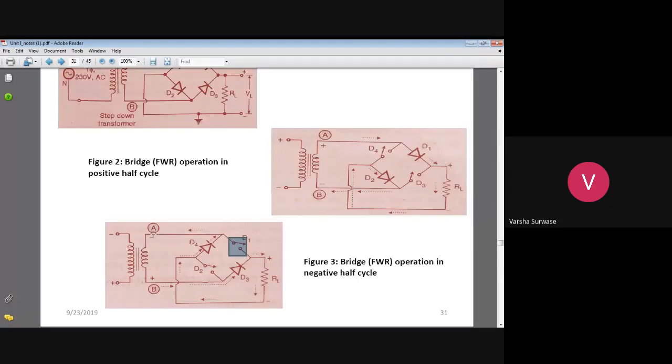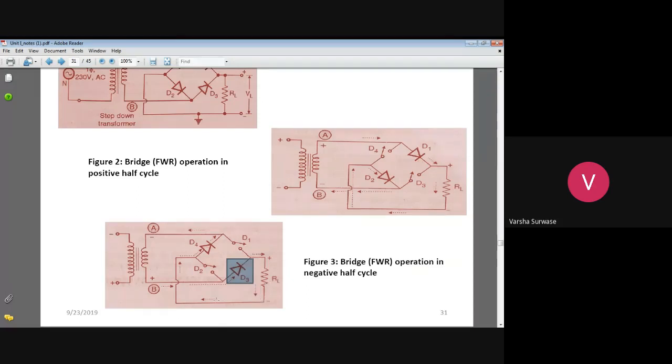And as we are applying a negative voltage to this, because of that diode D4 turns on. As diode D4 turns on, diode D3 also turns on, as terminal B is positive and A is negative. As B is positive, diode D3 is forward biased, so this positive voltage now flows to the load resistance RL.